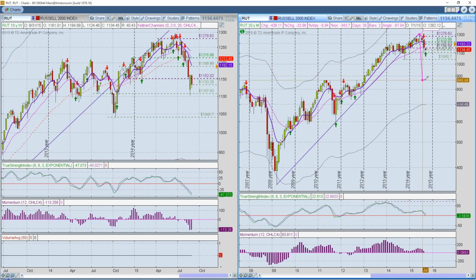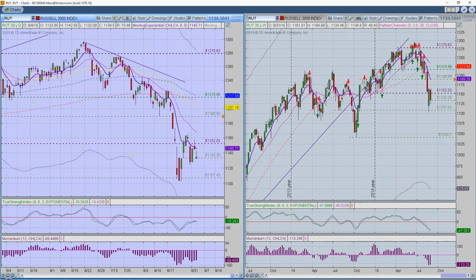What happens if it drops all the way back down and, from regular technical analysis, tests the highs back in 2011? Well, for the Russell, that'll be a 33% retracement down to that level, which would put us down at 866. And that's where knowing those levels of support and resistance is very critical.